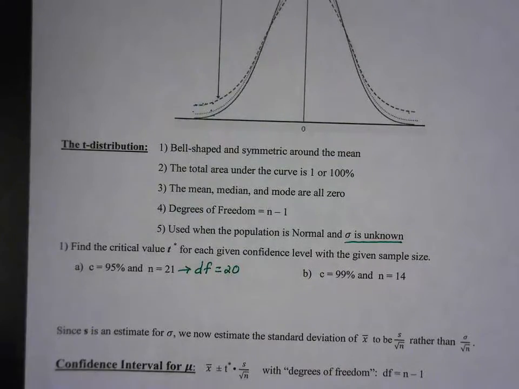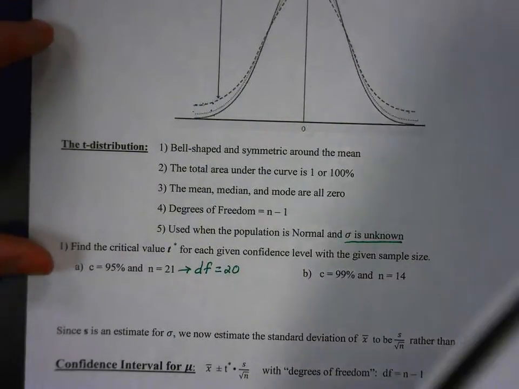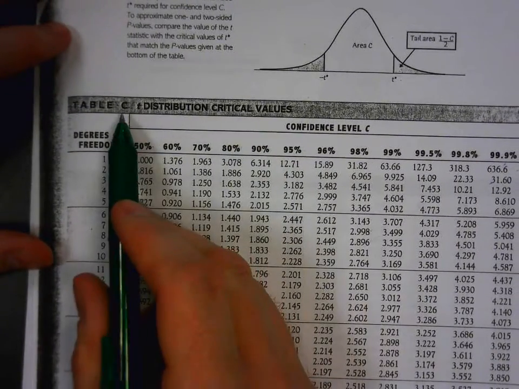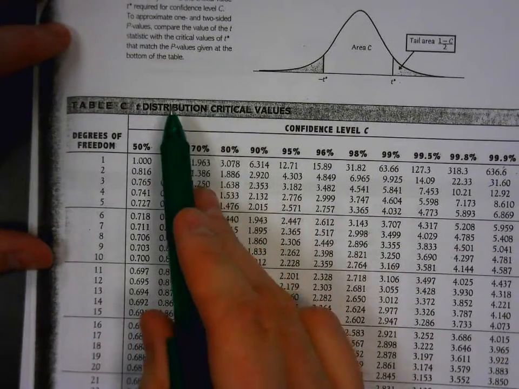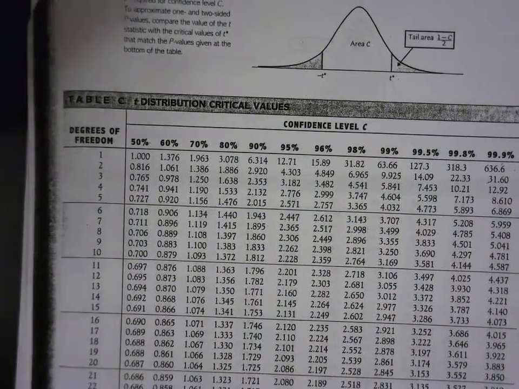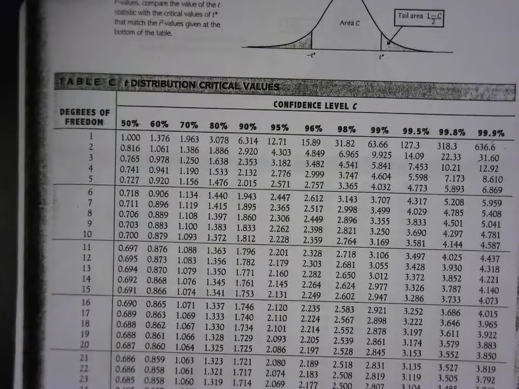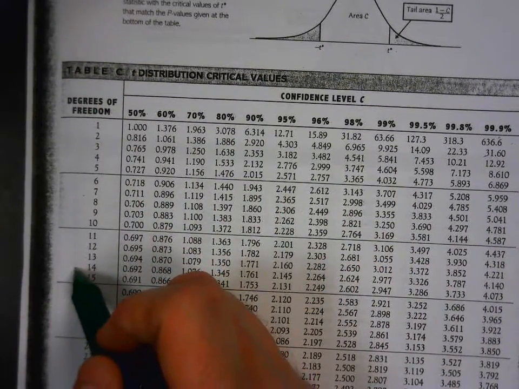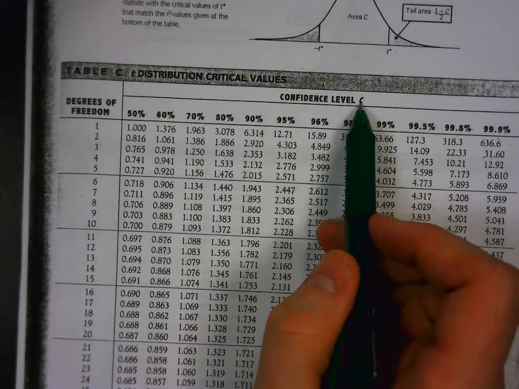So in our table, again, this was table C in the Moore book, the T distribution for critical values. And this is going to read a little bit differently than the Z distribution. Notice the degrees of freedom go down the side and confidence levels across the top.